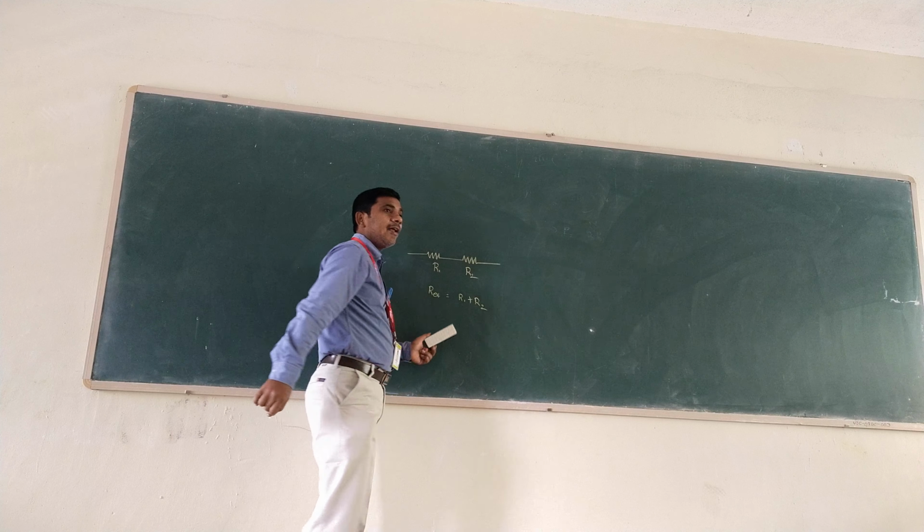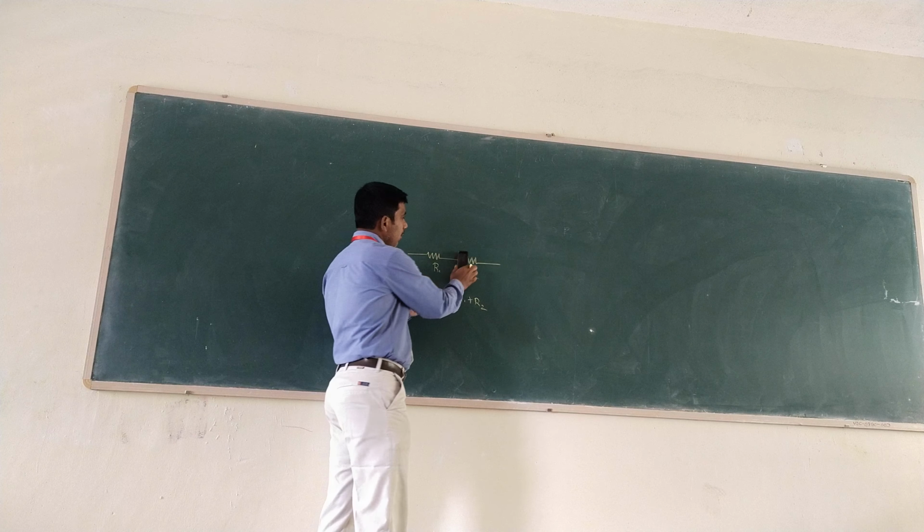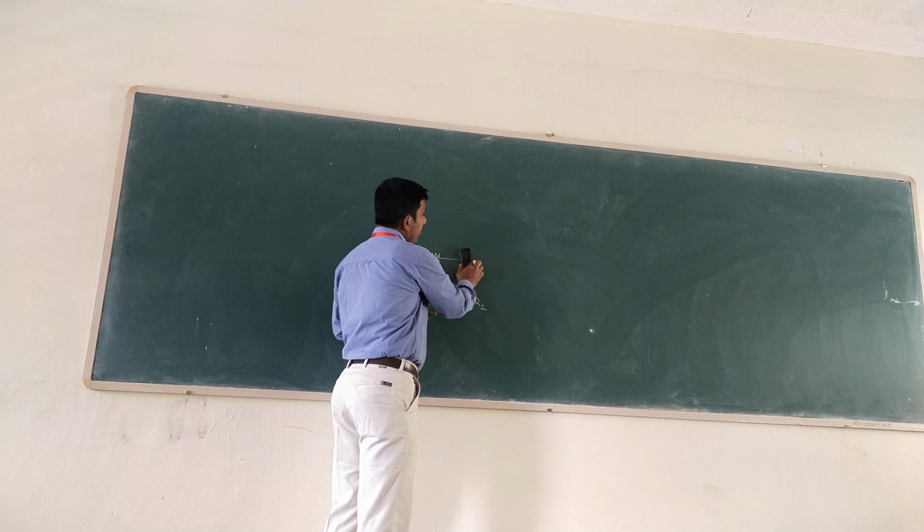When the same resistors are connected in parallel, the effective resistance will be like this: R equivalent equals R1 R2 by R1 plus R2. How do we obtain this? 1 by R equivalent equals 1 by R1 plus 1 by R2.